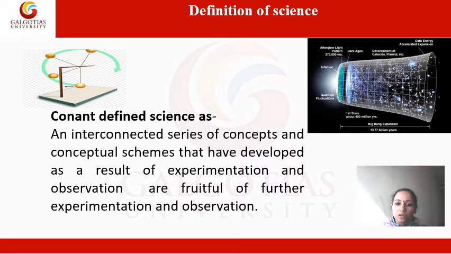So it is not a product, but it is a process of getting that particular product of knowledge. So again, with this definition also, we can understand that science is not only a body of knowledge, but it is also the process of acquiring that particular knowledge.